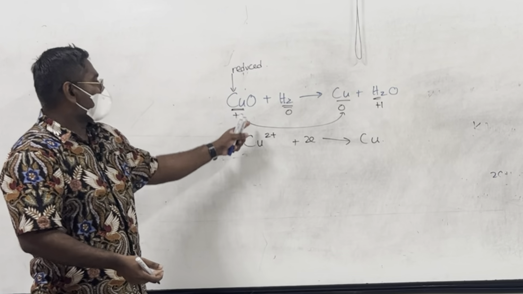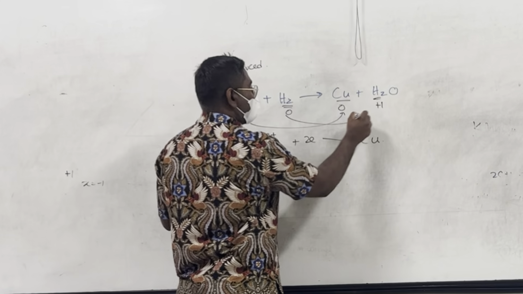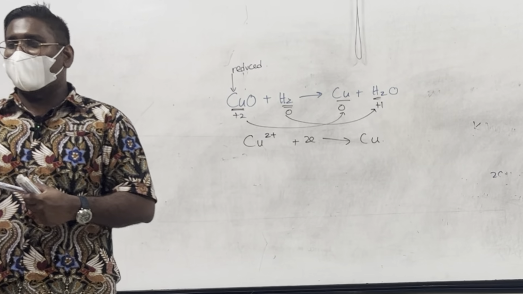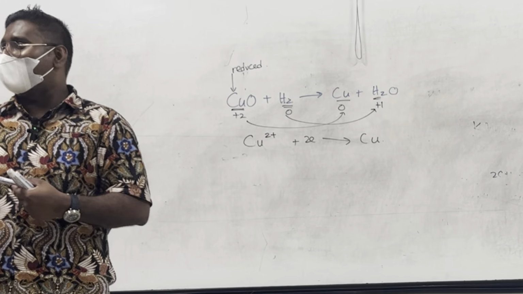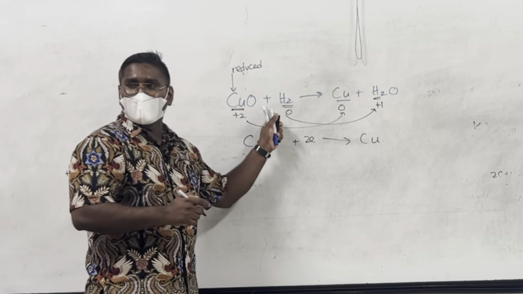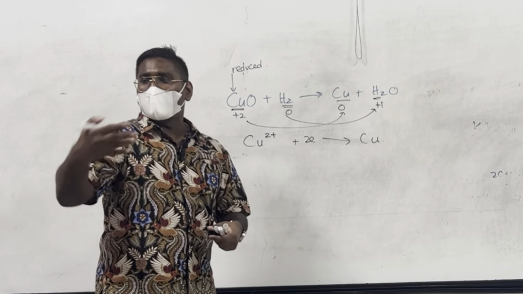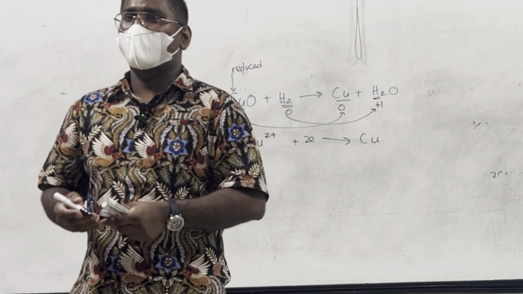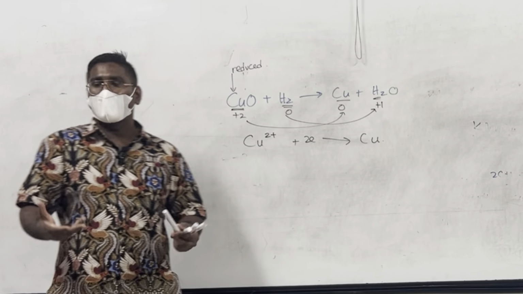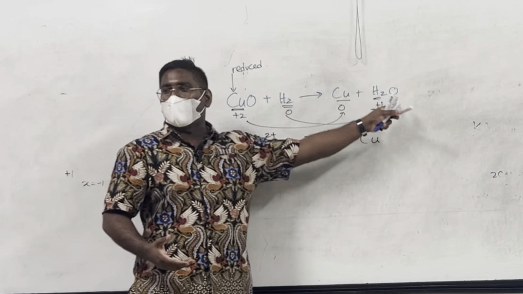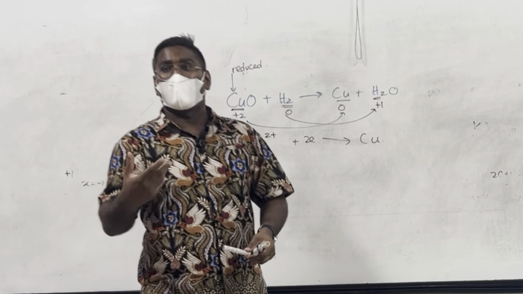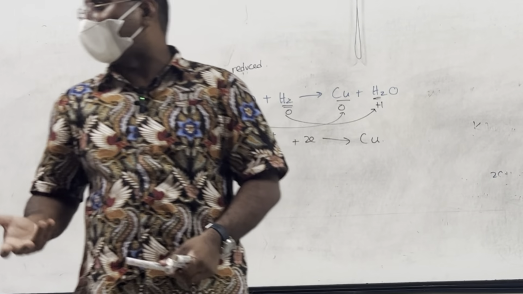And you can see from here to here, 0 to become +1. This is going to be gaining oxidation number. So we can say hydrogen is oxidized. And you can see also here, hydrogen is gaining oxygen. It is oxidized. But I'm using oxidation number over here to explain.